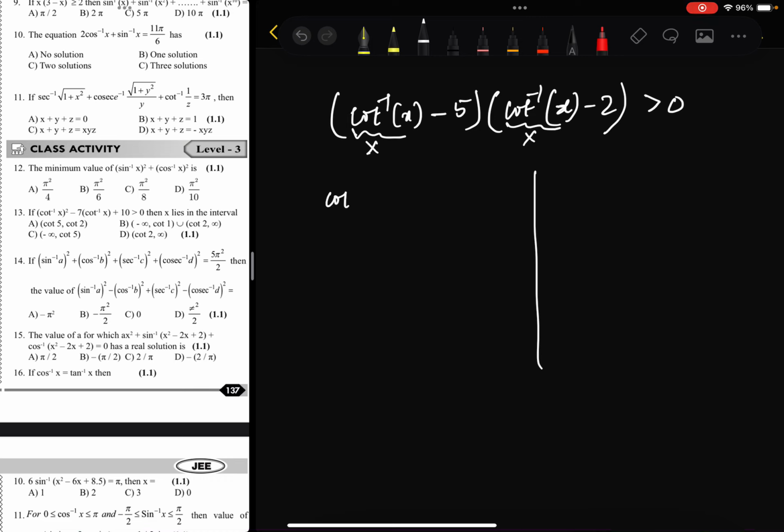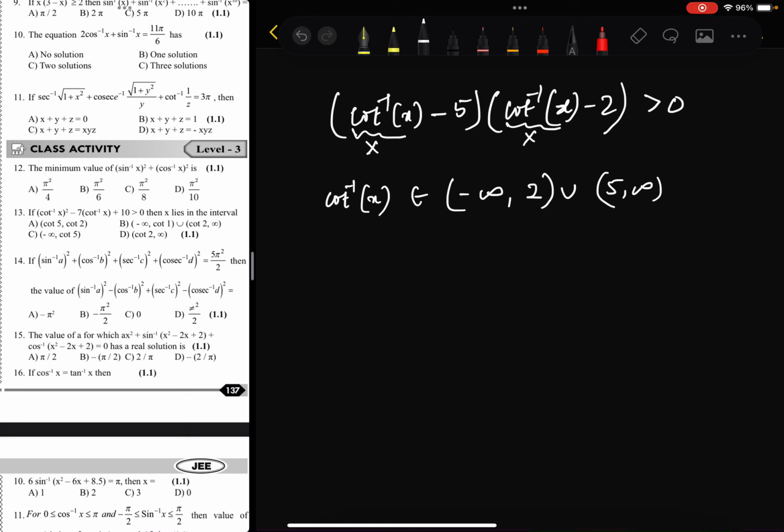So here cot inverse x will belong to minus infinity to the first root, that is 2, union 5 to infinity. Right?